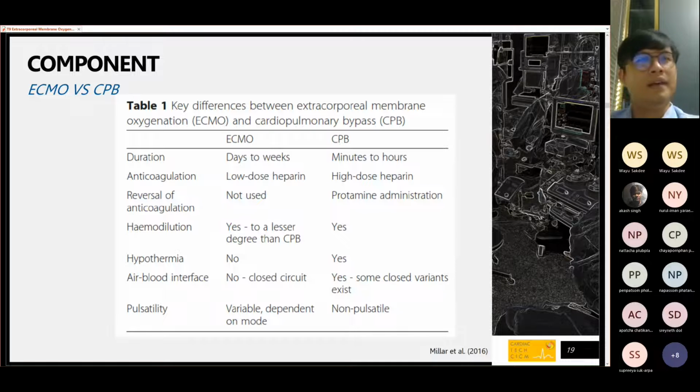Gravity siphon affects CPB much more, but ECMO is a closed circuit, so the flow direction mainly relates to the pump flow. Pulsatility: some ECMO can apply pulsatile flow, and some CPB too, but almost all of them don't use pulsatile flow.